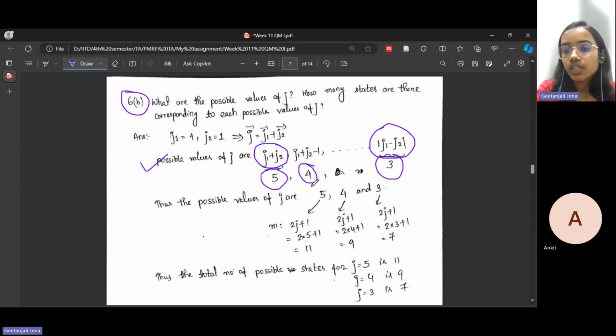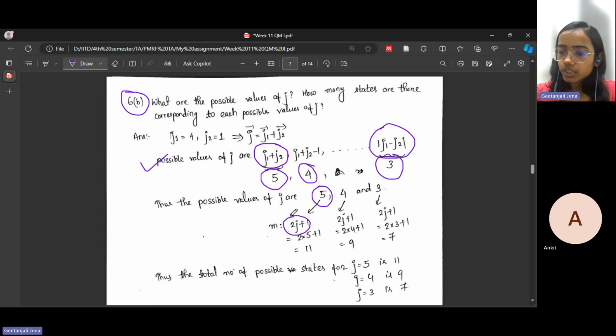Now for each value of J, like 5, 4 and 3, M will have different values. M will have values from minus J to plus J in steps of 1. So the total number of values will be 2J plus 1 for each value of J, right? So let's say we have J equal to 5, then the total number of values of M will be 2J plus 1.